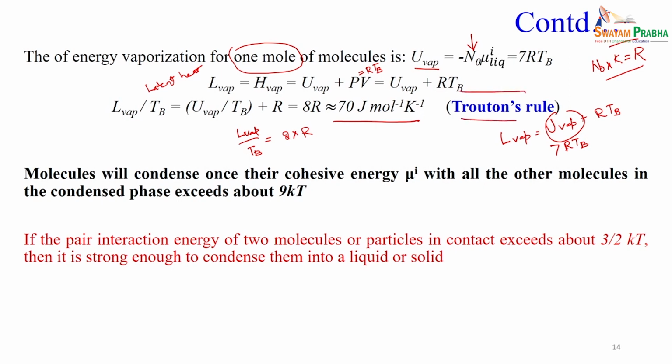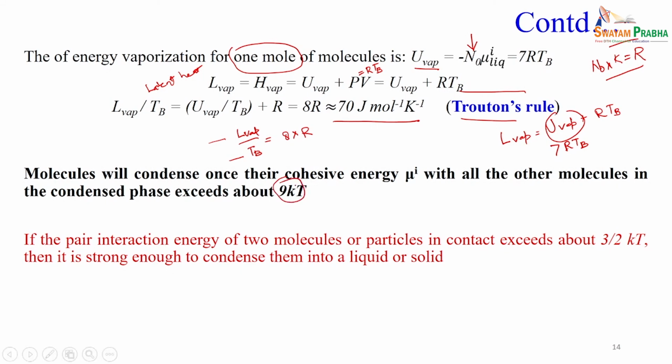This is also known as Trouton's rule, which says this is the typical ratio of latent heat and boiling temperature. From this rule, if the boiling point is known to you, we can calculate the latent heat. If latent heat is known, we can calculate the boiling point. So the typical value is about 9 kT.